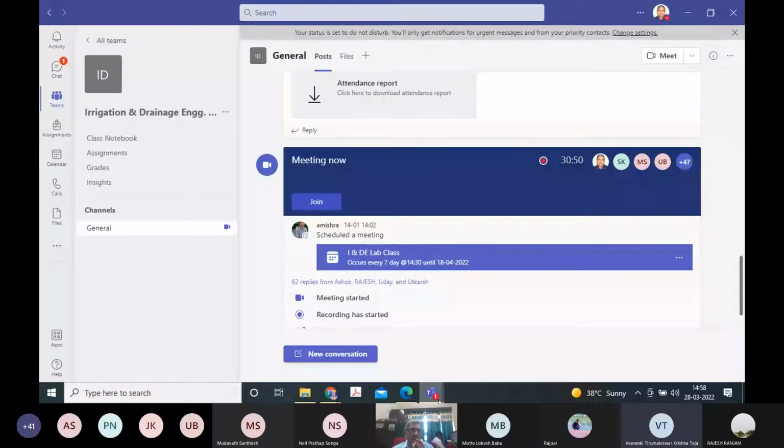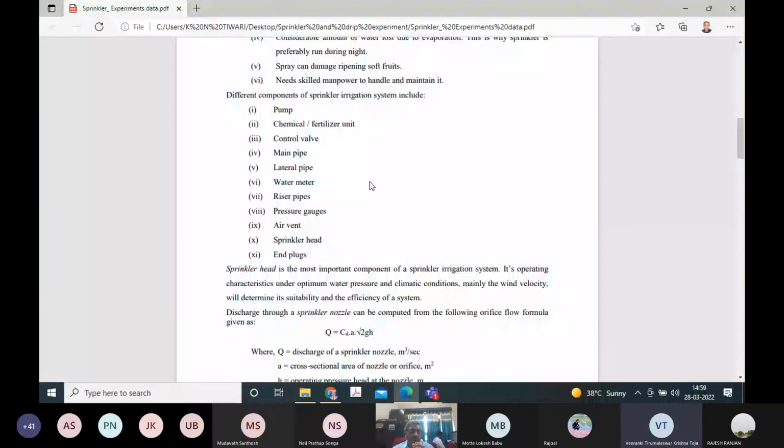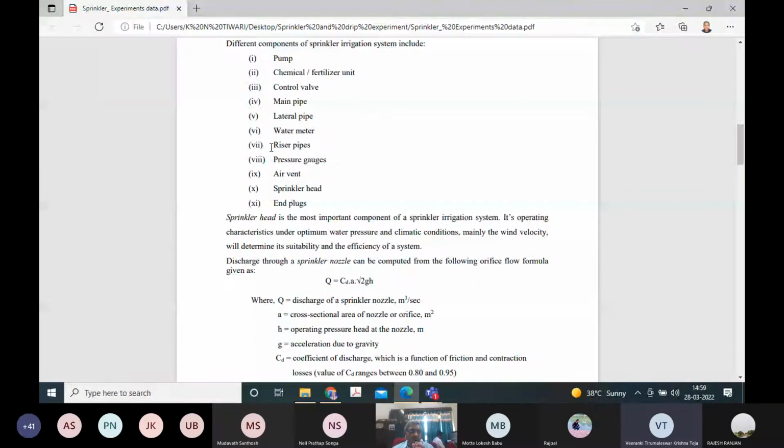There is a water meter in order to monitor the amount of water which has passed through the pump. Then there is a riser pipeline. There are pressure gauges in order to monitor at what pressure the system is being operated, what is the inlet pressure, and what is the pressure at the sprinkler head.